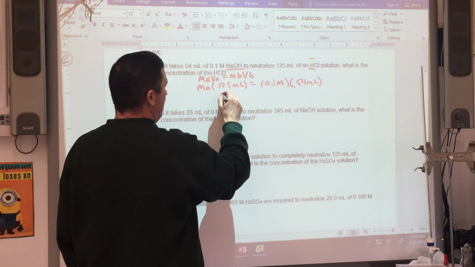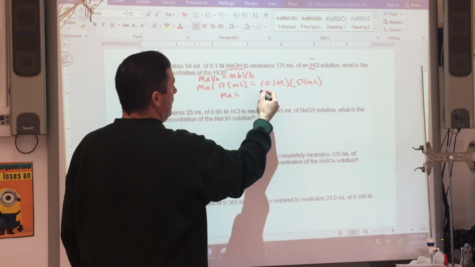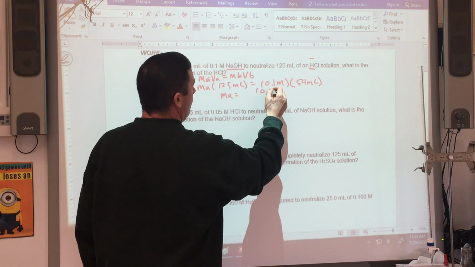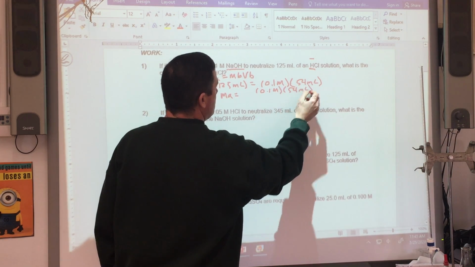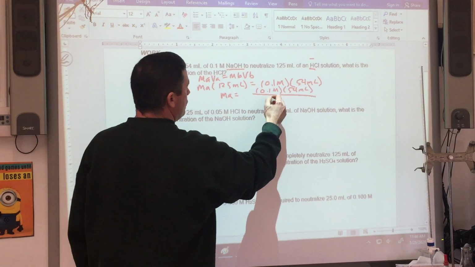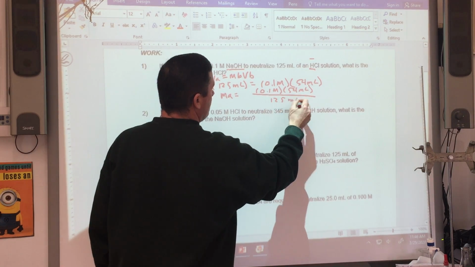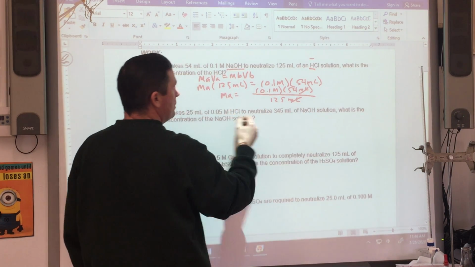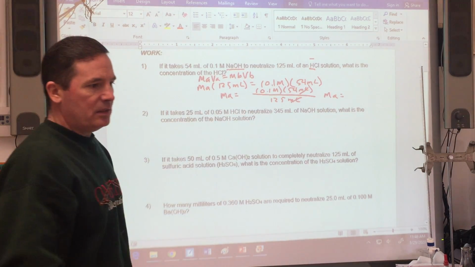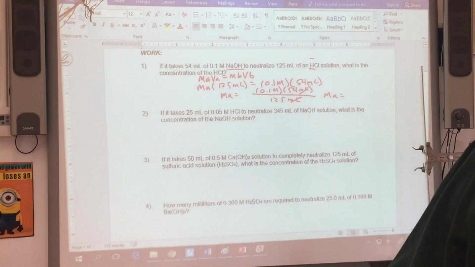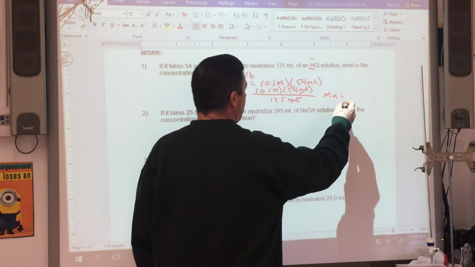If I solve for MA, that's 0.1 molar times 54 milliliters over 125 milliliters. Cross those out, and then my final answer is going to be 0.043.